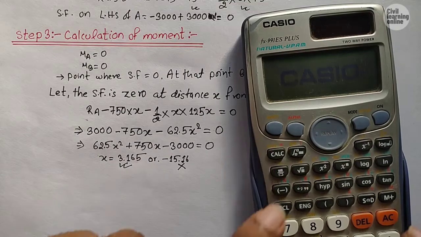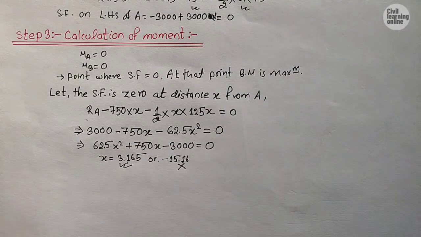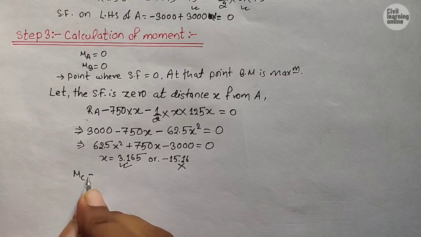Now this was the point where our shear force was 0, which means this is the point where our bending moment is going to be maximum. So let us find the moment up to that distance x, that is our point C. Moment at C will be equal to 0.